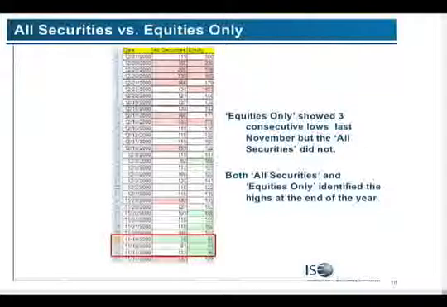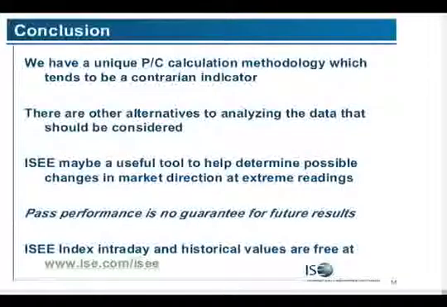I have ideas why I think that might be, but I just, again, haven't done enough analysis on it to be able to say adamantly one way or another that indices and ETFs are good at determining market direction or not. Again, the data is available on the website for free. If anybody's interested in looking at it, please do.